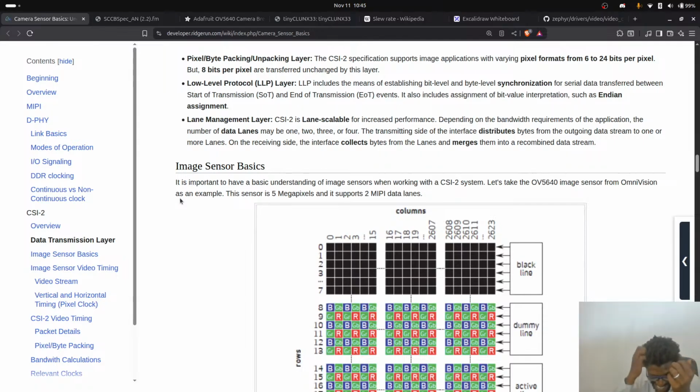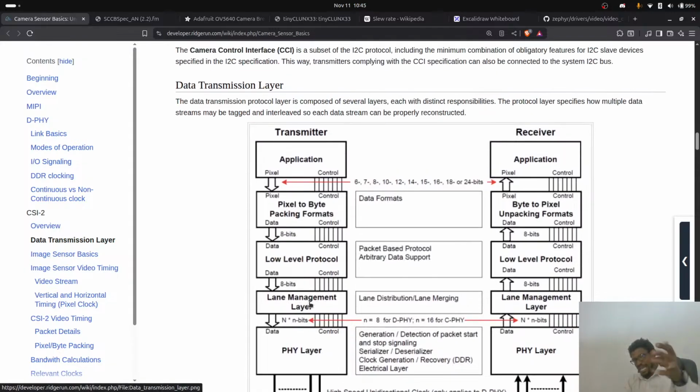What they're saying is MIPI is a lot of agreements working together. It's a lot of glue working together. So there's a way to do the wiring. There's a way to do the signals. There's a way to use the slew rates. There's a way to use the clocks and all of those things. And when all of those things are put together, you end up with this thing stacked.